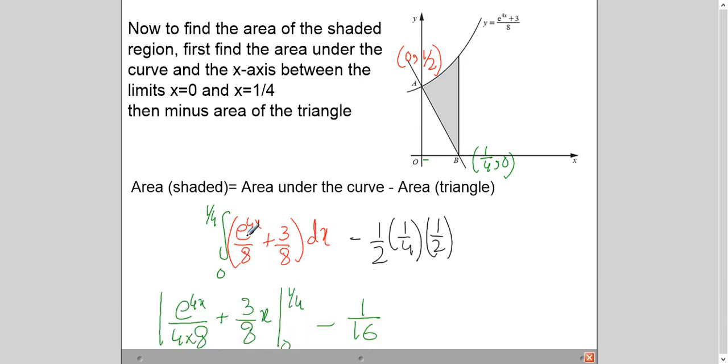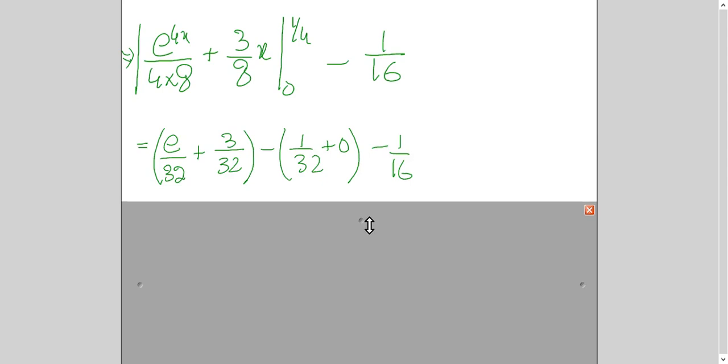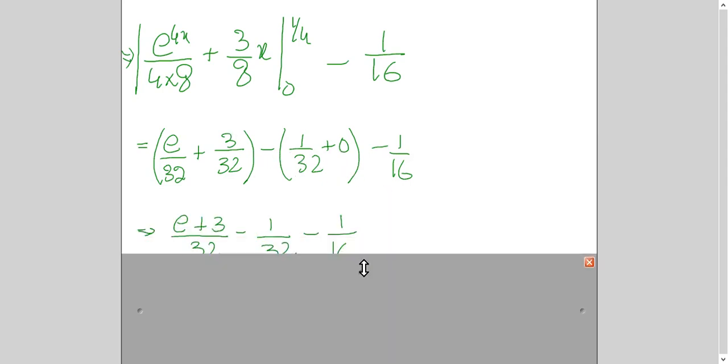So now when we are integrating it, it will be e power 4x divided by 4, and this will be 3 upon 8 x. I hope you remember your basic integration. Then we will apply the limits, upper limit minus lower limit. So we are applying the limits here now. Now after this, you can straight away use a calculator to get the value.